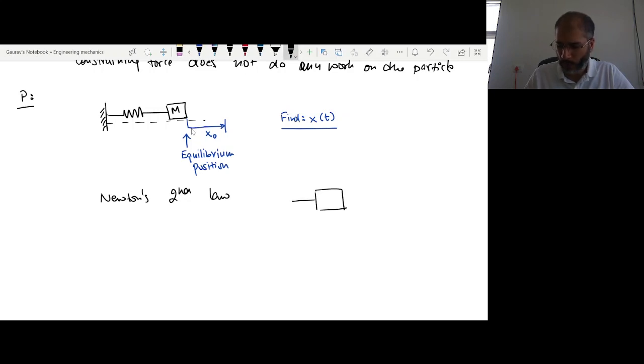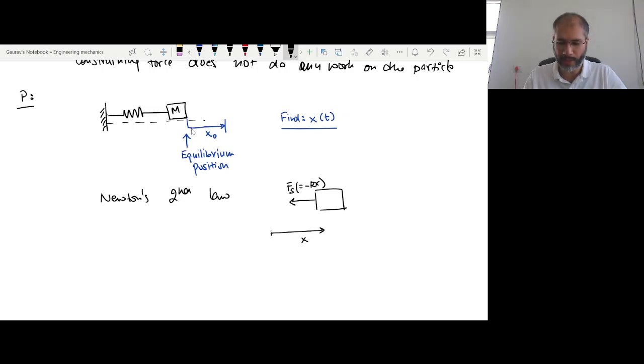So there is only one force that is acting on the mass, and that is the force due to the spring Fs, which is equal to minus kx. So x is the displacement here, and because initially the mass was at equilibrium position, we'll call x the elongation or the compression in the spring.